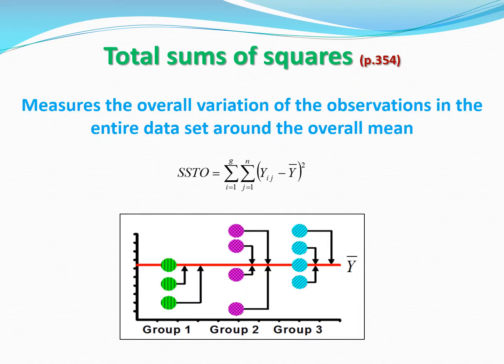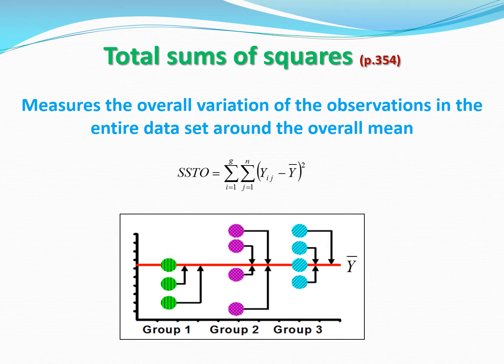The first measure of variation is the total sum of squares, and as I indicated previously, this measures the overall variation of the observations in the entire data set around the overall mean. So if you look at it visually, you get the difference between the individual data observations, all the dots, and the overall mean.